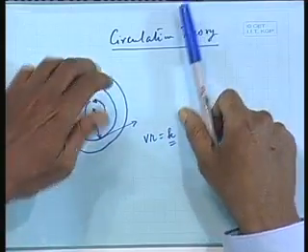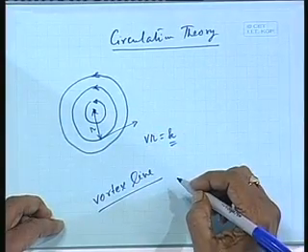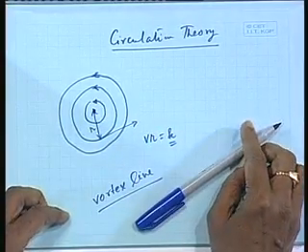I have drawn this in 2 dimensions. In 3 dimensions, the flow will be moving like this, and the axis around which the flow rotates would be called a vortex line. Now, vortex lines are not created nor are they destroyed.